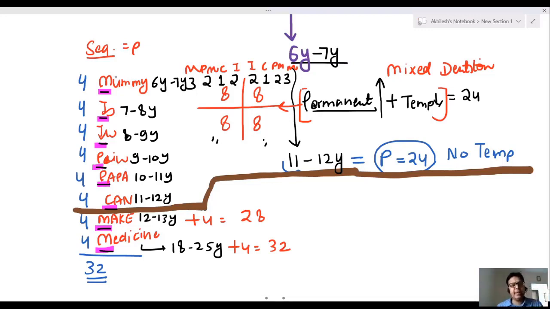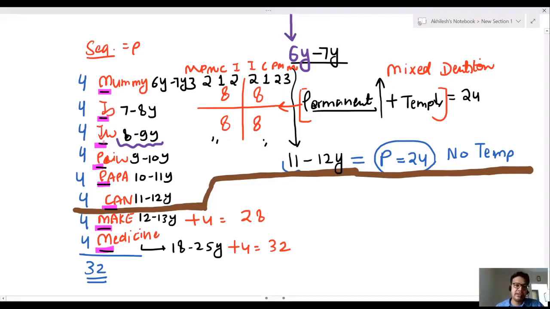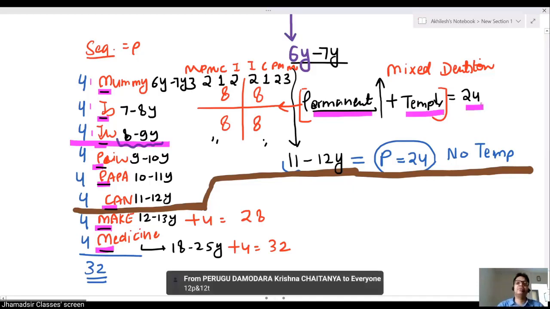If you get a question at 8 to 9 years of age, how many permanent and how many temporary teeth do you have? 4 plus 4 plus 4 becomes 12 permanent. The total should be 24, so permanent are 12 and temporary are 12. Very good, Damodar.